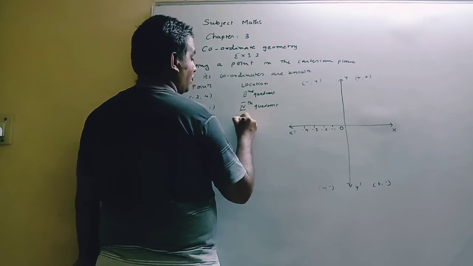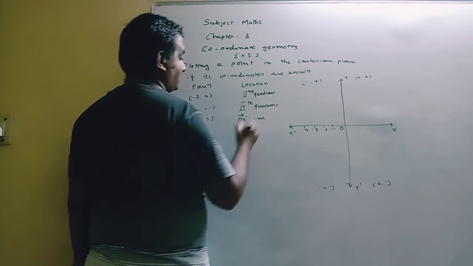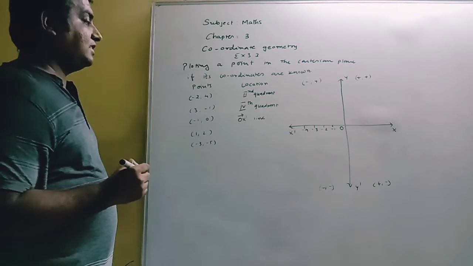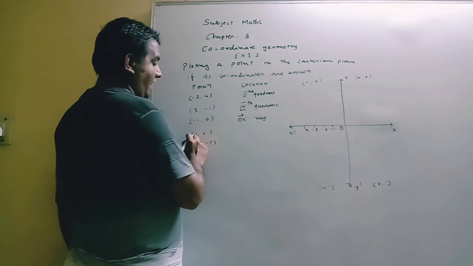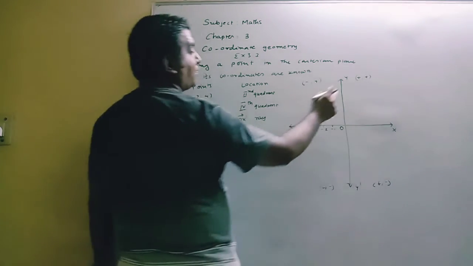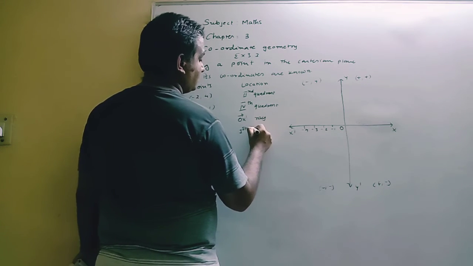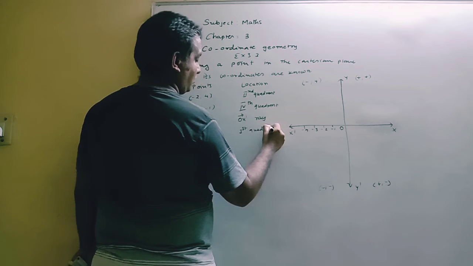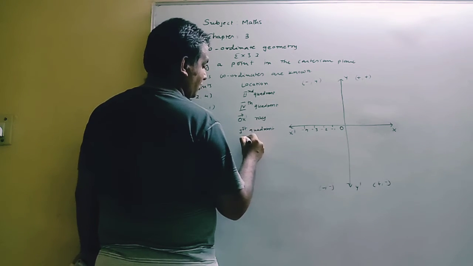So it will lie on the OX dash line, on the OX dash ray, you can write. And x is 1, y is 2, so both are positive, that is the first quadrant. And (-3, -5), both are negative, that is the third quadrant.